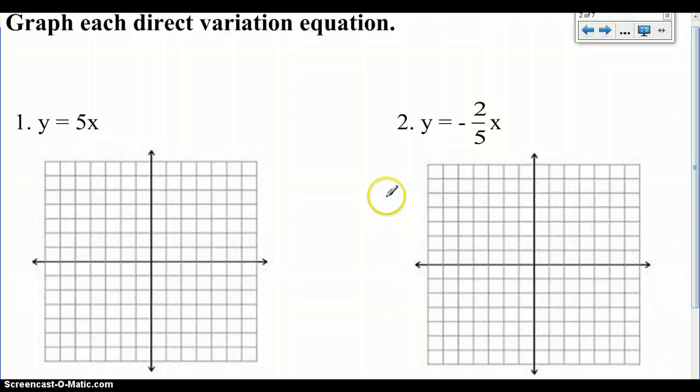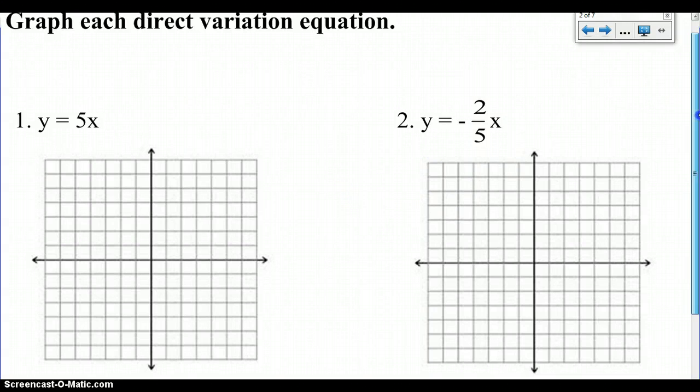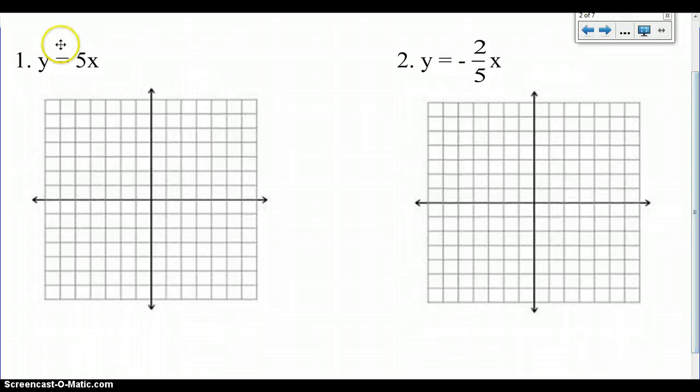For the first ones, we're going to graph each direct variation equation. So for the first one, y equals 5x, and we can say this is our slope, so it would be 5 over 1. To do this on our graph, we would go up 5 and over 1. So 1, 2, 3, 4, 5, and over 1. That's one of our points, and we need at least 2 points to make a line.